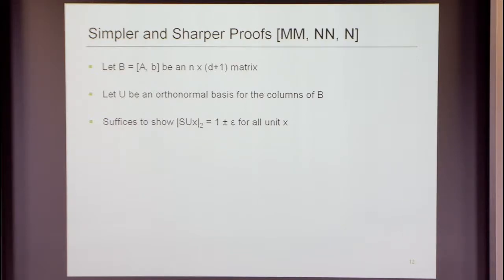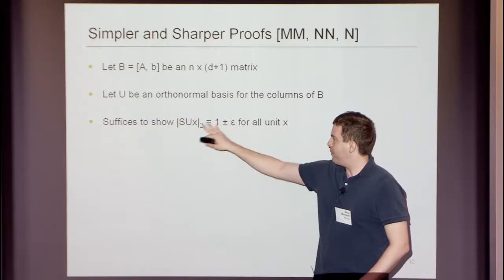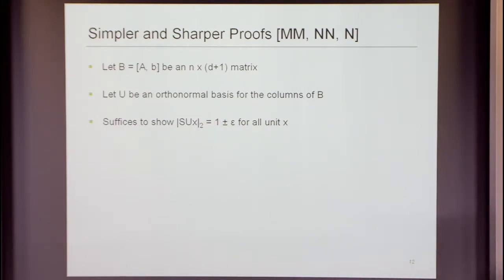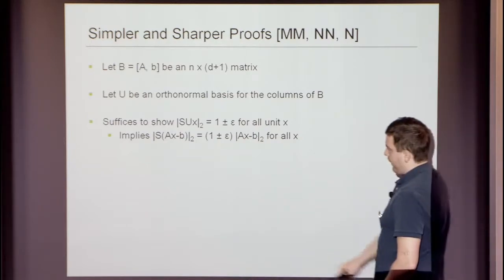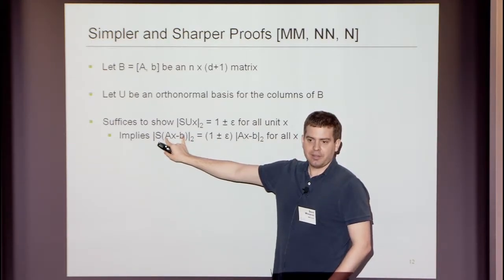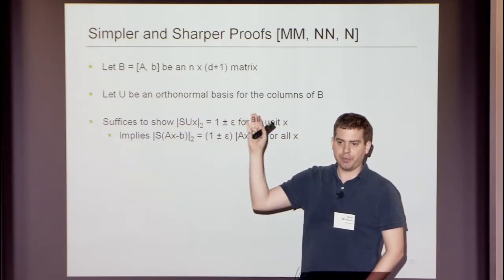Okay, so first, by linearity, if I show it for all unit x, then it preserves the norm of every U times x up to a relative 1 plus or minus epsilon factor. And now note that if I look at Ax minus b for some fixed x, that's just some arbitrary vector in the column span of U, right?